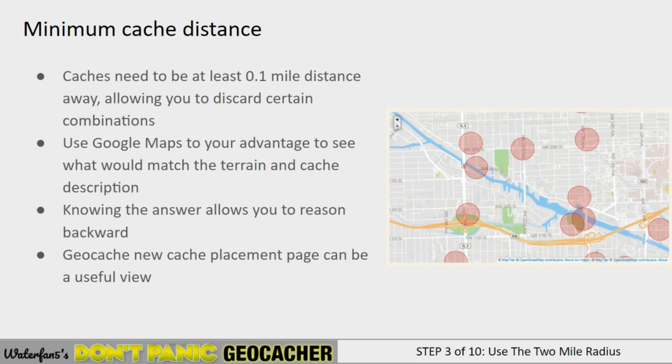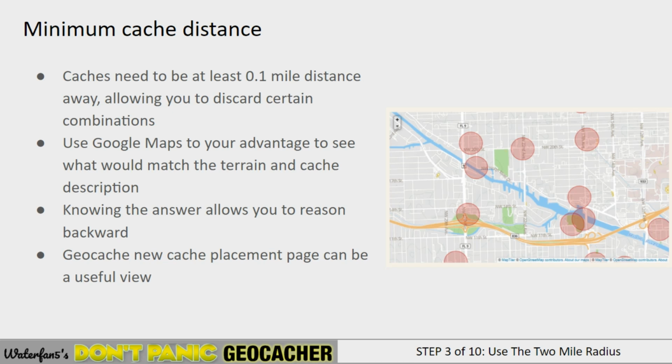You can also look up the location in Google Maps and see what would match the terrain and the cache description. So for example, if you look for a very low terrain and most of the area is all forest, then it's like, okay, well, it could be next to a road. And so you look for somewhere there, or maybe you're looking near a store that might be out there.